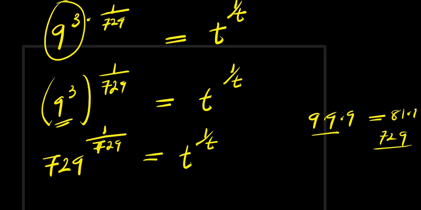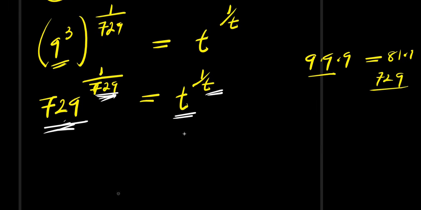So what happens here is that this and this are the same. This and this are the same. So right now, this 729 here is the same as the 729 here. And also, the t here is the same as this t here.